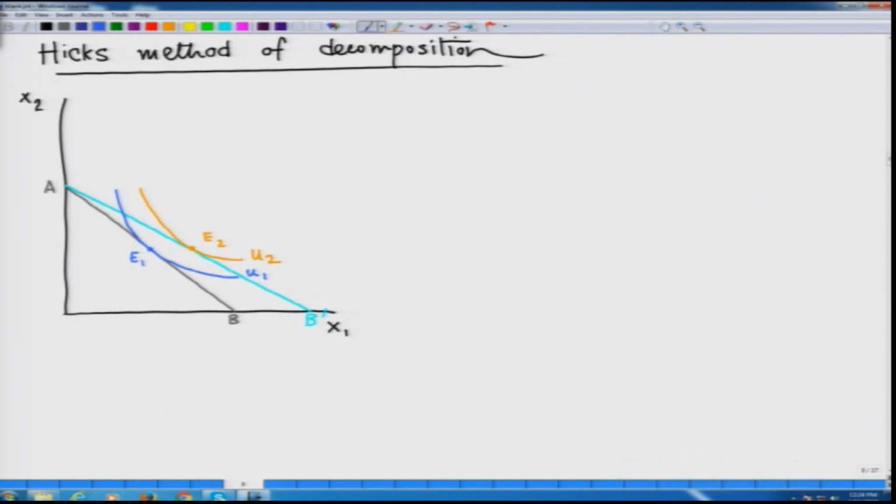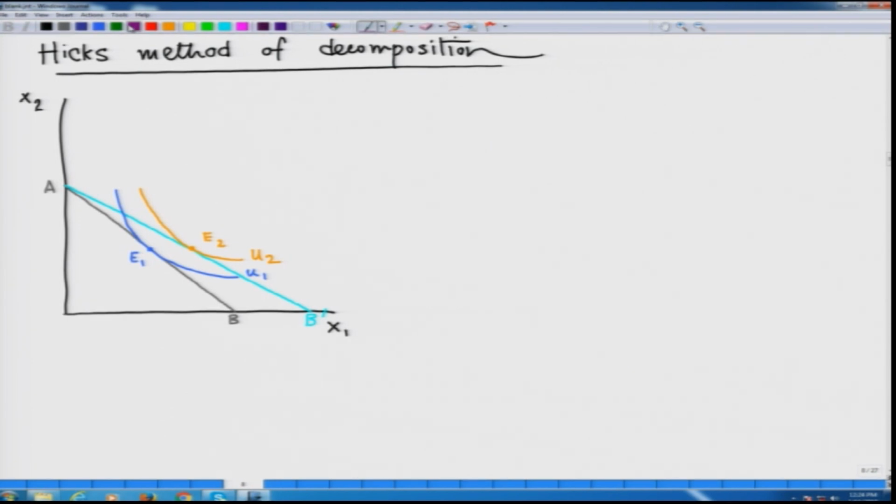Now, here lies the difference. Hicks proposed that we need to compensate the consumer, we need to take out money from the consumer's pocket in such a way that the consumer is forced back to the initial level of utility where he or she was before the price change.